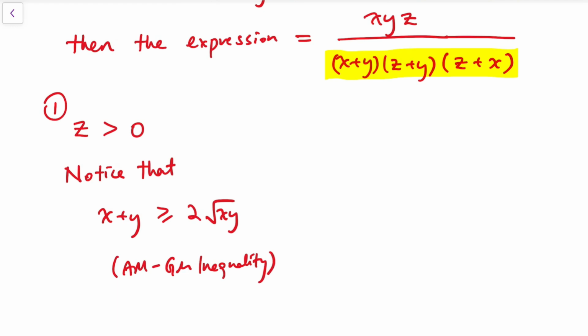which says for any n positive real numbers, the arithmetic mean is always larger than or equal to their geometric mean. Or I can just say this is because I can move 2 root xy to the other side, and the left side can be factorized as square root x minus square root y all squared, and we have this perfect square to be always non-negative.